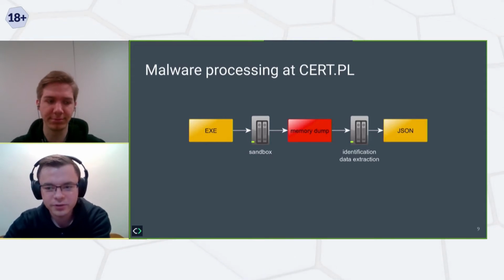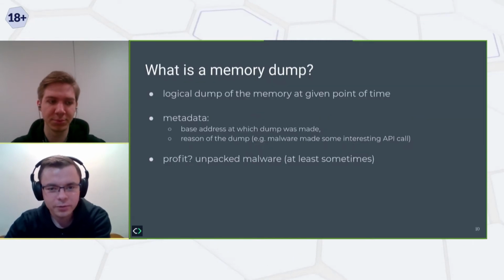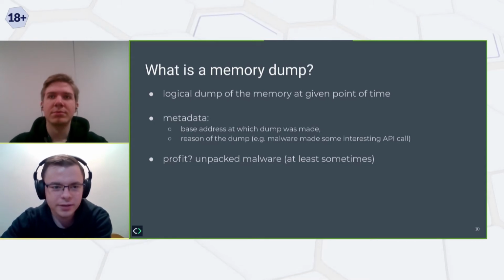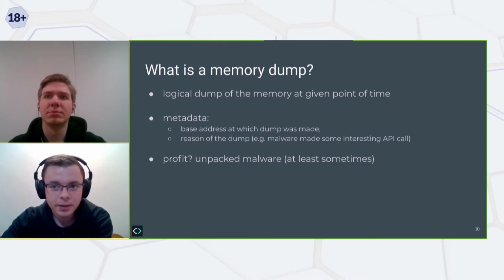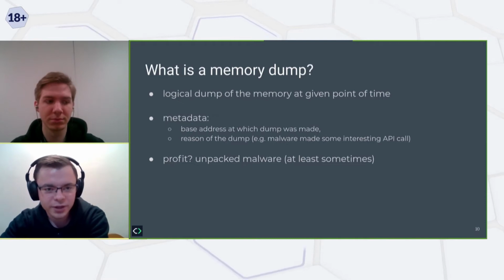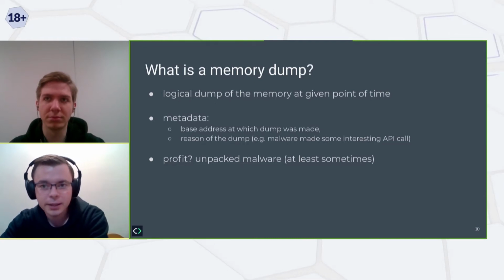Memory dump. What is a memory dump, and how do we make memory dumps? I believe that this is a logical dump of memory at a given point in time. It is also very important to record some metadata together with the memory dump: the base address where the dump was made, this is very crucial, I mean the virtual address, and what was the reason that the dump was made.